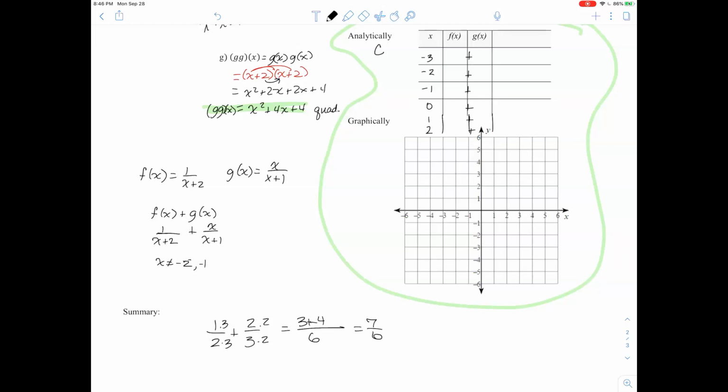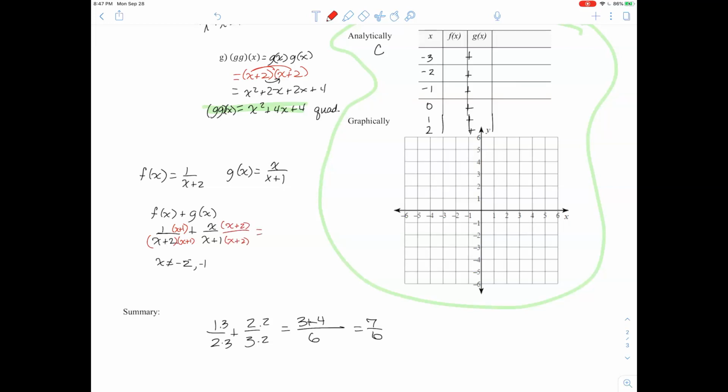So same idea, if I'm working on this problem here, I would have to have common denominators. So I would multiply this times x plus 1 over x plus 1, top and bottom. And then for the second function, I'd multiply times x plus 2 over x plus 2.